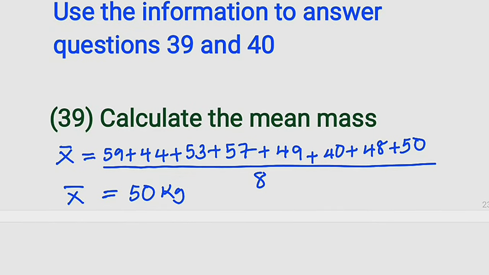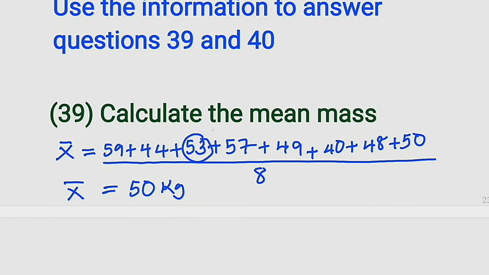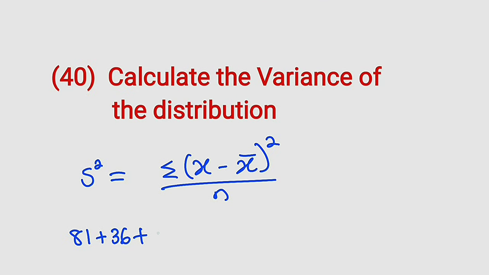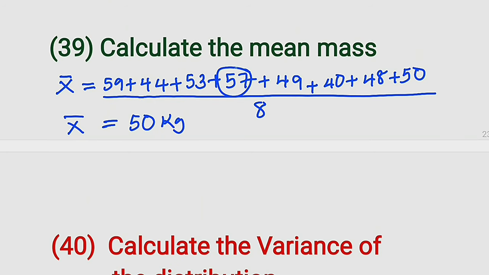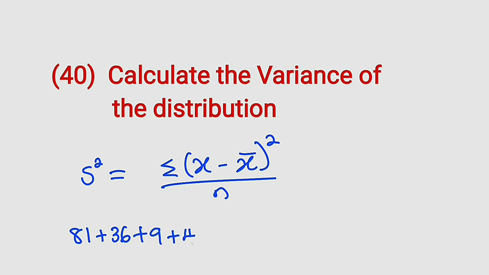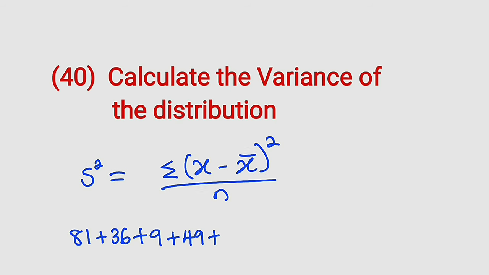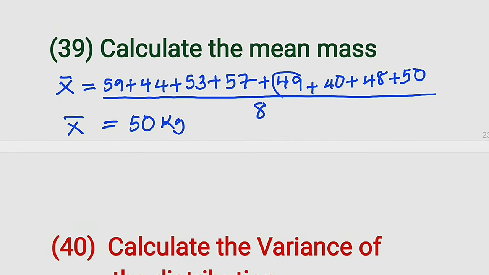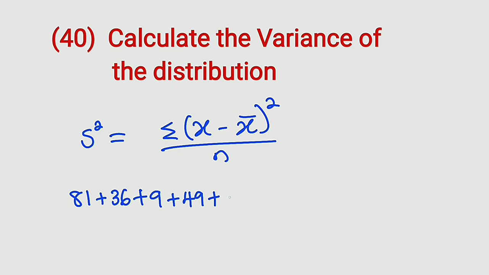Plus the next one. The next one is 53. 53 minus 50 will give us 3. 3 squared is 9. Then 57 minus 50 will give us 7. 7 squared is 49. Then 49 minus 50 is negative 1. Negative 1 squared is positive 1.